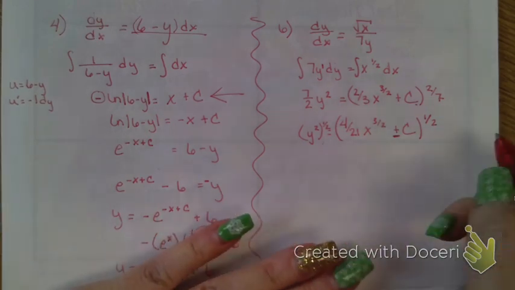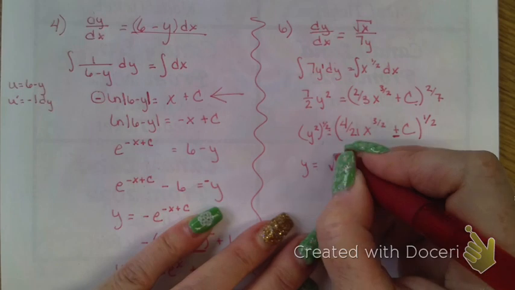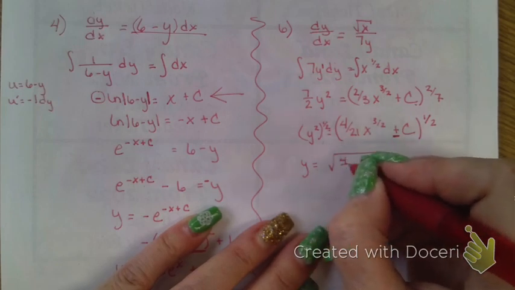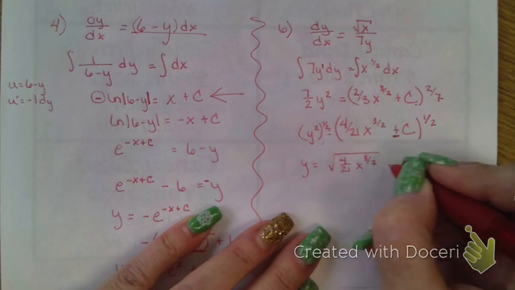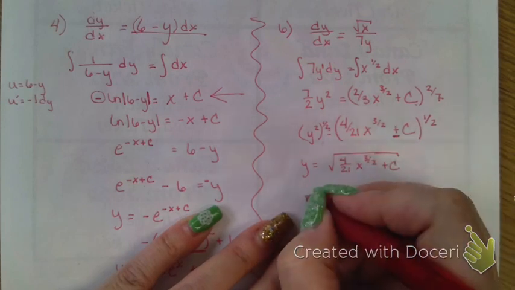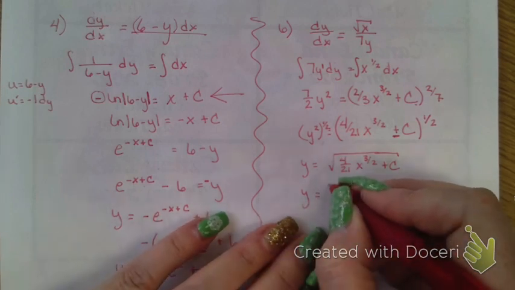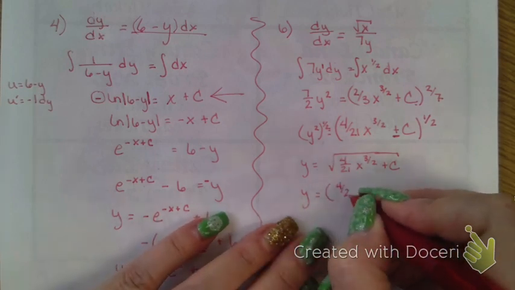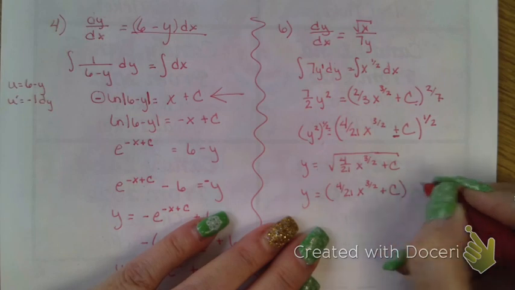So my answer is either y equals the square root of 4/21 x to the 3/2 plus c, which looks kind of funny, correct? Or y equals 4/21 x to the 3/2 plus c all to the half.